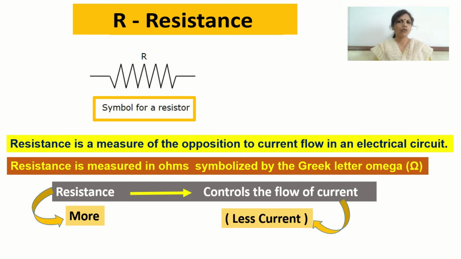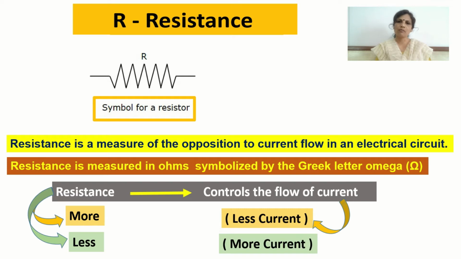If the value of the resistor is less, then the current flowing through the circuit is more. So we can say that the electric current and the resistance are inversely proportional to each other.